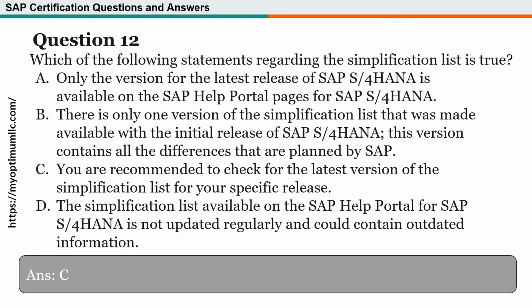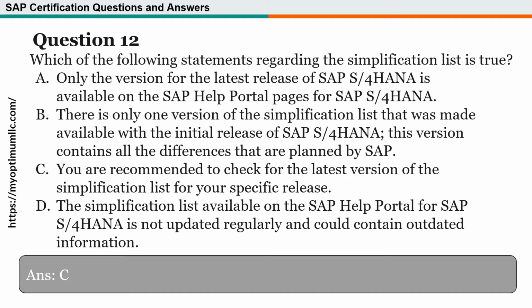Question 12. Which of the following statements regarding the simplification list is true? A. Only the version for the latest release of SAP S/4HANA is available on the SAP Help portal pages for SAP S/4HANA. B. There is only one version of the simplification list that was made available with the initial release of SAP S/4HANA. This version contains all the differences that are planned by SAP.